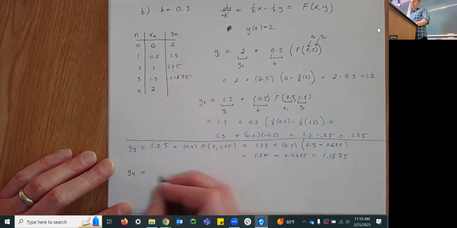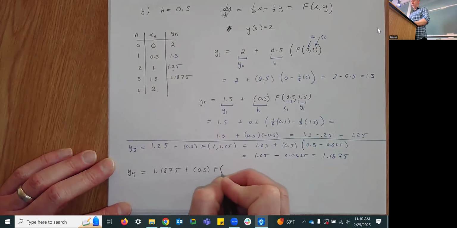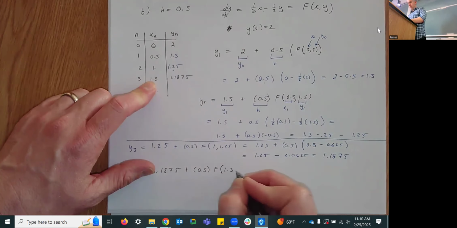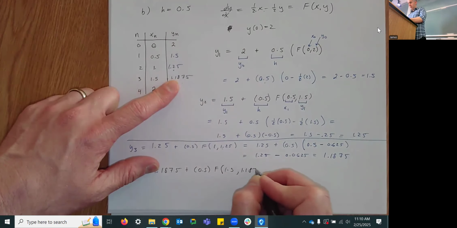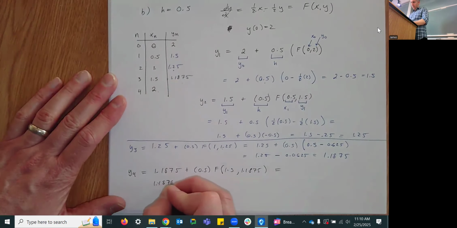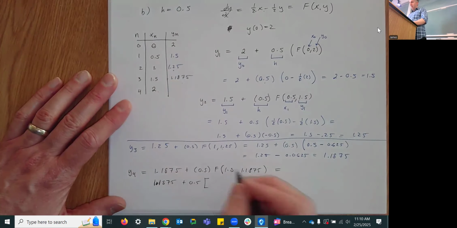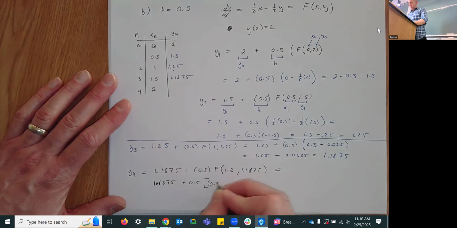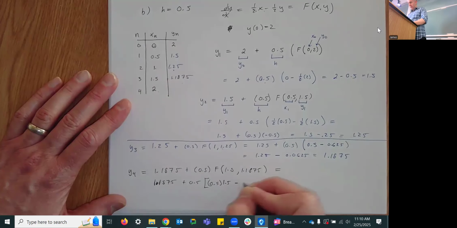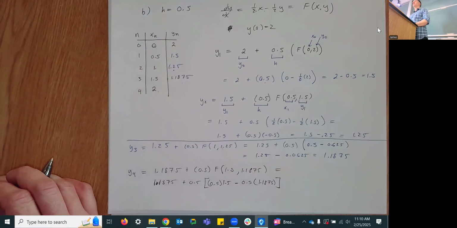So y4 is going to be the previous y value plus your 0.5 times f of your previous x comma your previous y, which is super gnarly. That's going to be 1.1875 plus 0.5 times half of a half, which is 0.5 times 1.5 minus 0.5 times 1.1875, whatever that happens to be.